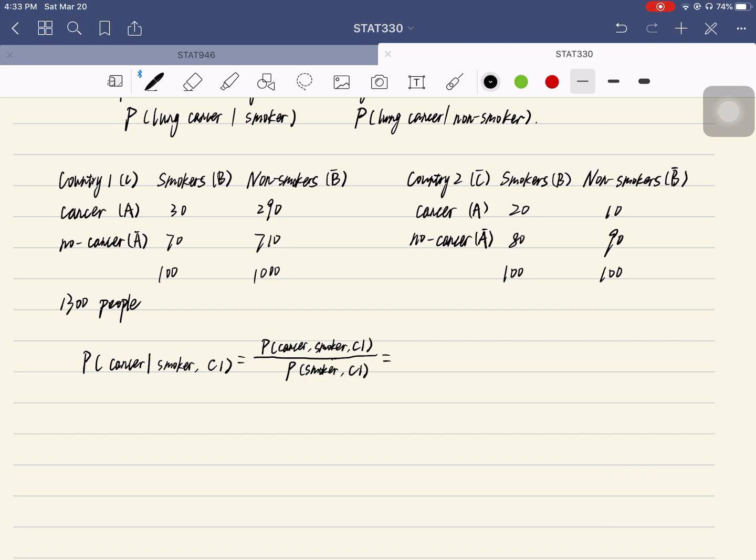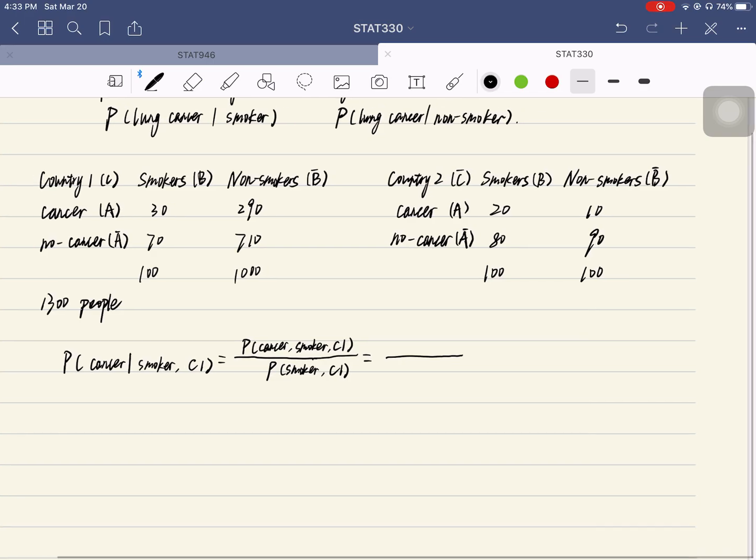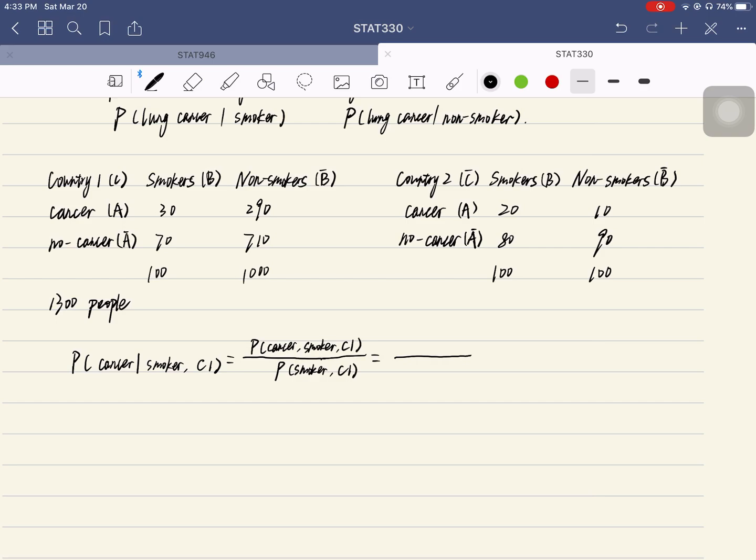We have 1300 in total, so smoker with cancer in country 1 is 30 divided by 1300, and the smoker in country 1 is 100 divided by 1300. So this ratio is equal to 0.3.